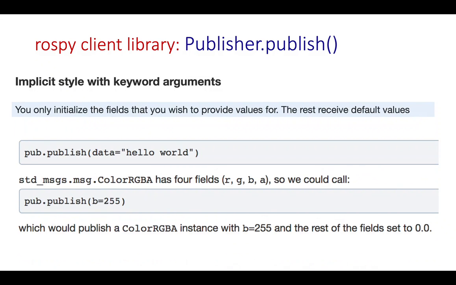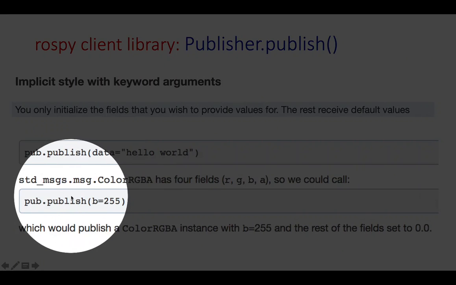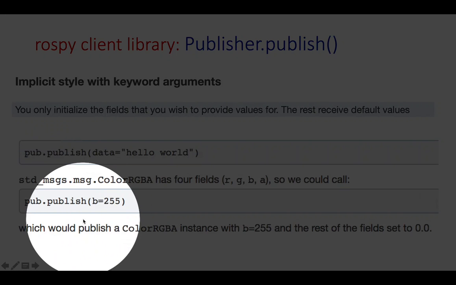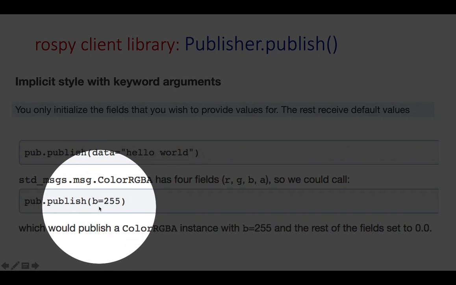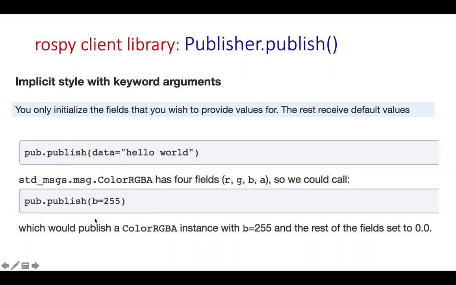And then finally, you can also do the keyword style, so you can directly say just update this value of the message. You don't have to create a new message type every time. ROS knows that this publisher is publishing on these standard type of messages or whatever you have defined. Okay, so the point being, just like you can create different ways of packaging a message together, you can apply that concept to publishing as well.